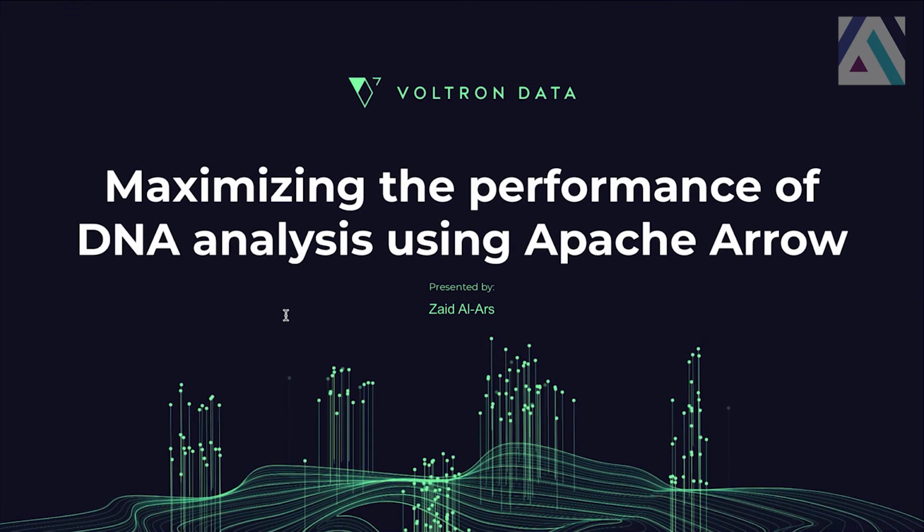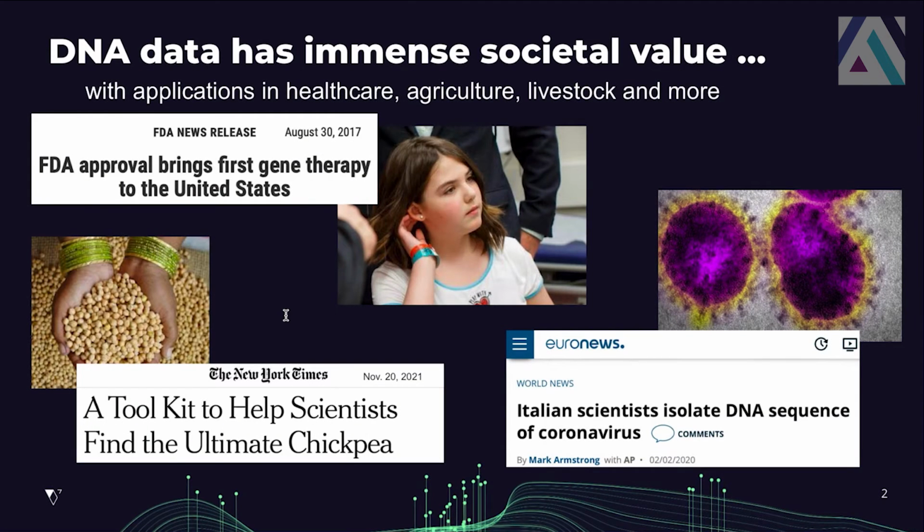And today I will give a talk about how to maximize the performance of DNA analysis algorithms using aspects of the Apache Arrow project. DNA analysis has shown to have immense societal value with wide-ranging applications from healthcare, agriculture, livestock improvements, and much more.